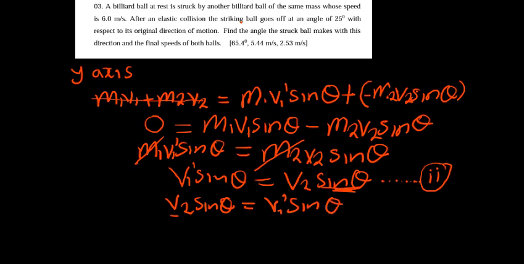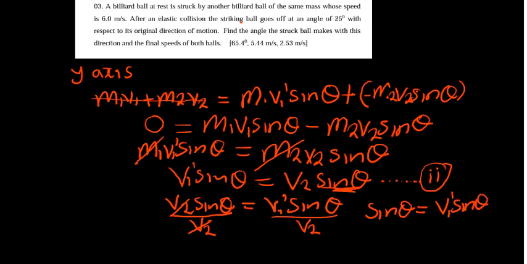We're going to divide by v2, so this and this go. Therefore, sine theta is equal to v1 final sine theta divided by our v2.